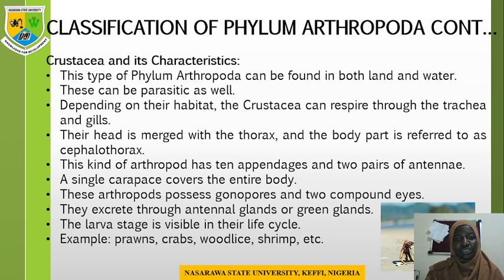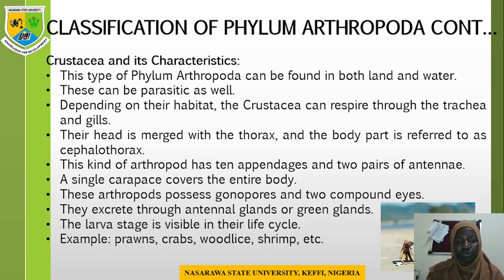This kind of arthropod has 10 appendages and 2 pairs of antennae, which are used for feeling or sensation. A single carapace covers the entire body. An example is seen in shrimps or crabs. This arthropod possesses a gonopore and 2 compound eyes, which are used for seeing and also for sensation. They excrete through antennal glands or the green glands. The larval stage is visible in their life cycle.